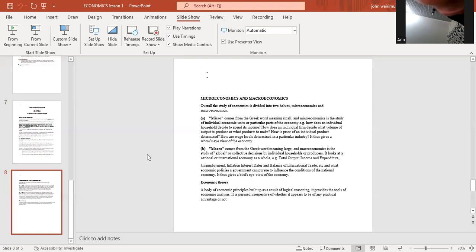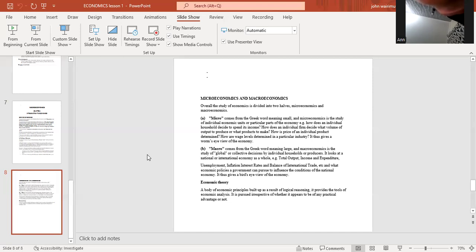It looks at a national or international economy as a whole. Total output, in this case, we are talking about what a country is giving out against what a country is getting.